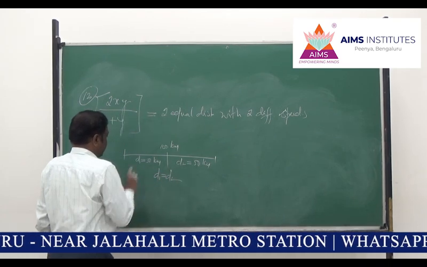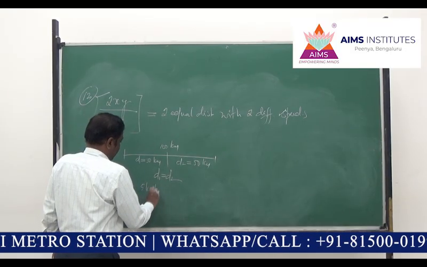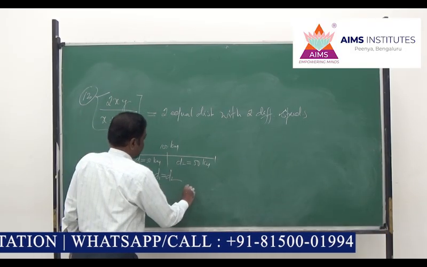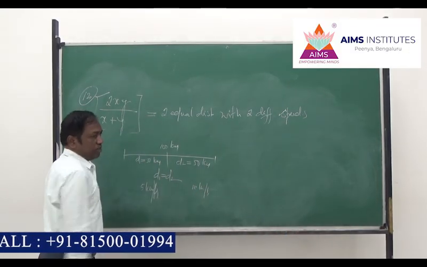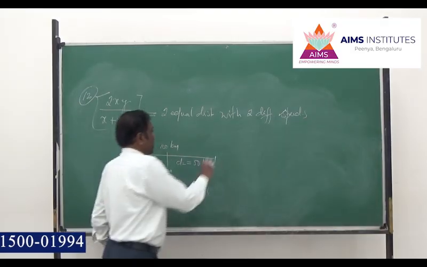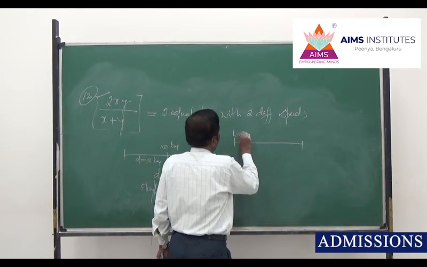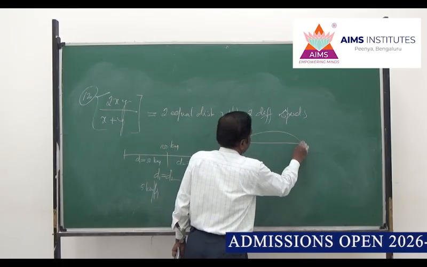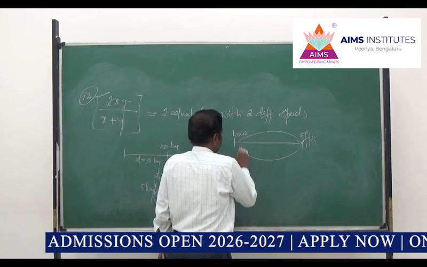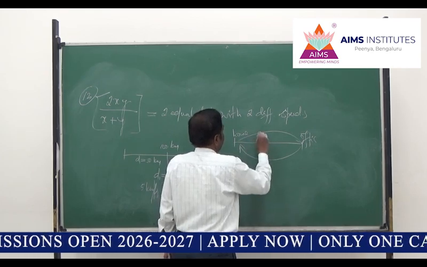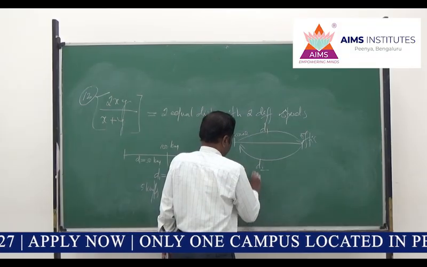But this speed is 5 kilometers per hour, and this speed is 10 kilometers per hour. Then you have to apply this formula. Another part is that, see, this is the home, this is the office. D1 is equal to D2.